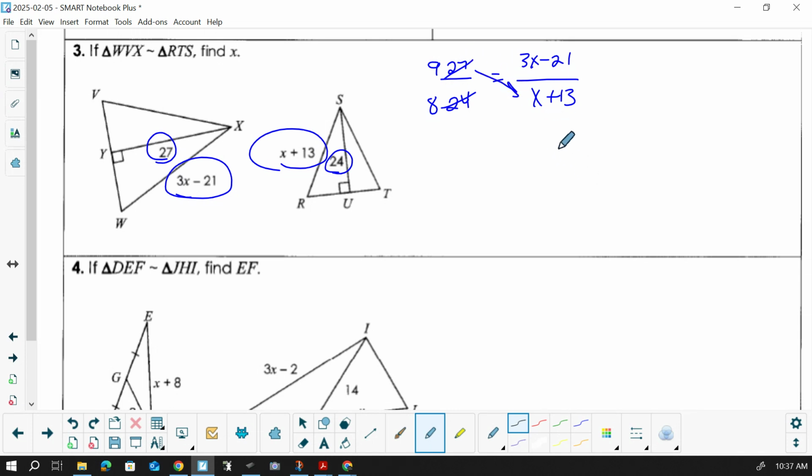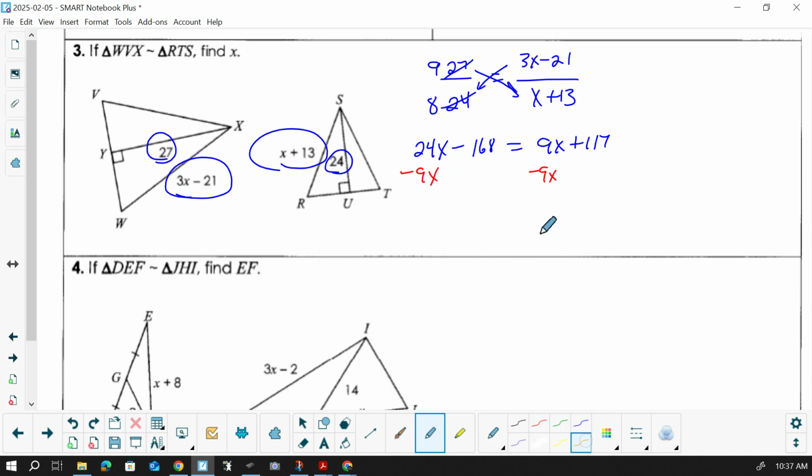Multiply it this way. 9 times this would be 9x plus 117. And multiply this way. 8 times this would be 24x minus 8 times 21, which is 168. Then we're going to subtract 9x from both sides.